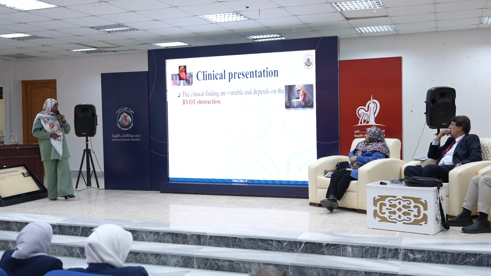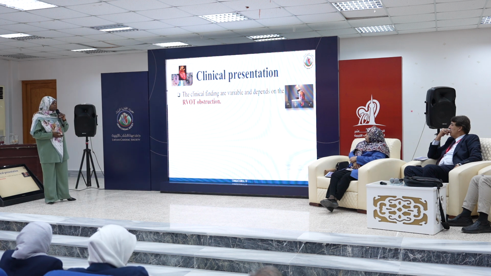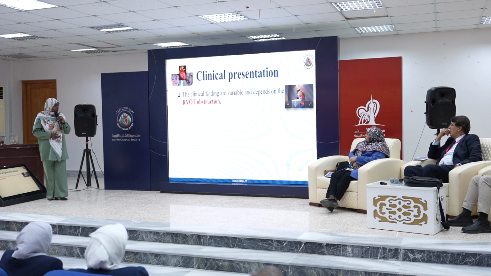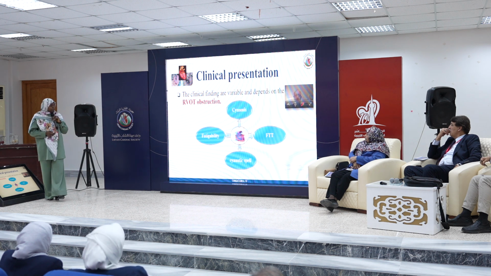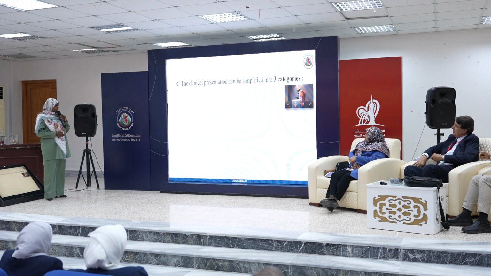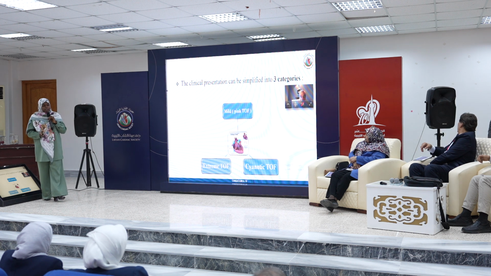About the clinical presentation, tetralogy of Fallot has a variable presentation dependent on the right ventricular outflow obstruction. It may present with cyanosis, failure to thrive, cyanotic spells, or fatigability according to the degree. The clinical presentation may be simplified into three categories.